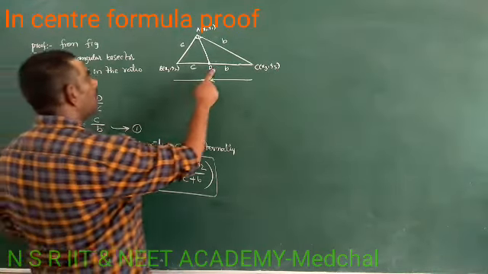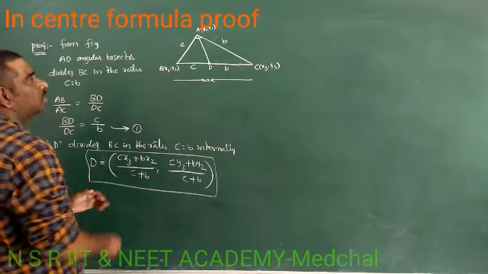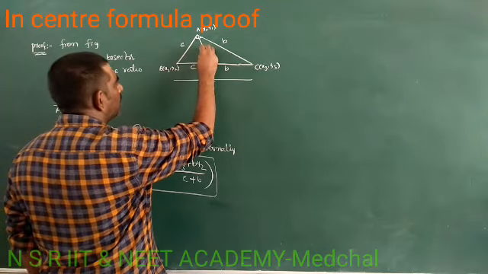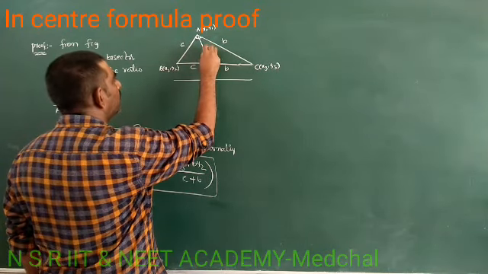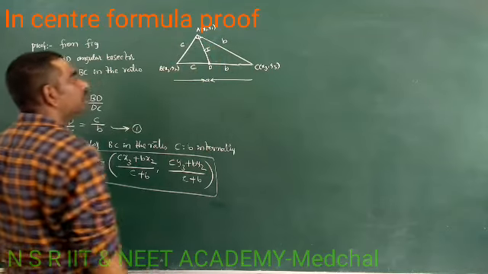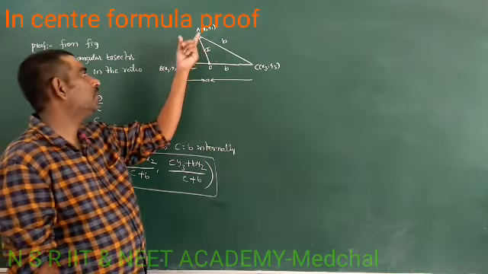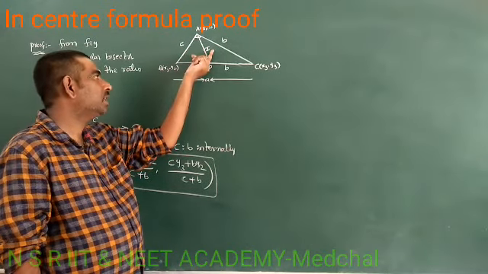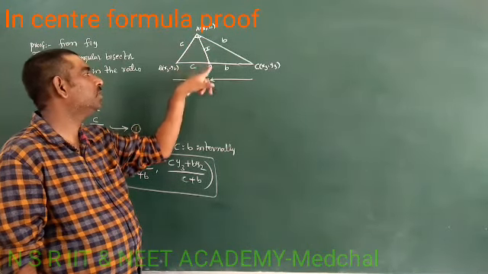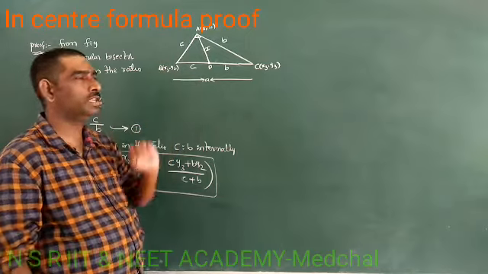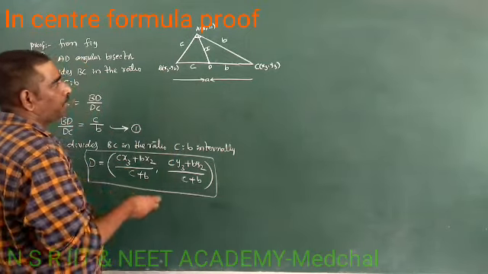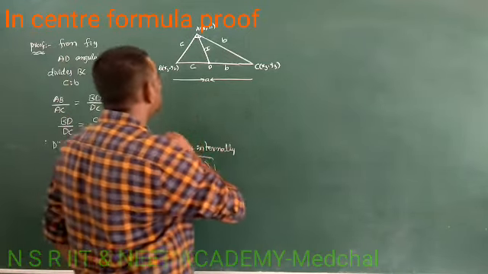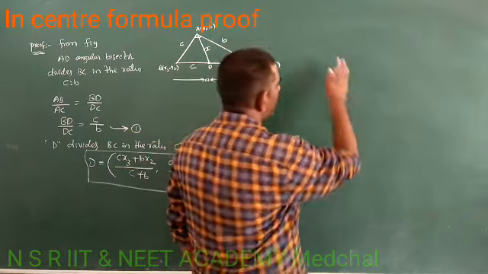So we know the coordinates of D and we know the lengths. Now we need to find the ratio in which the incenter I divides AD. For that I am considering another angular bisector.